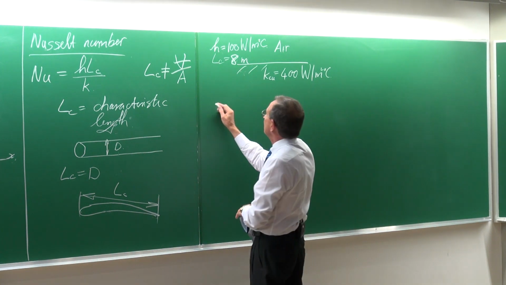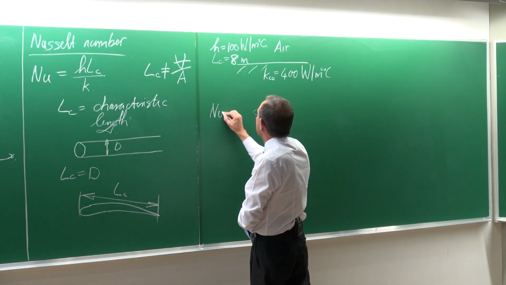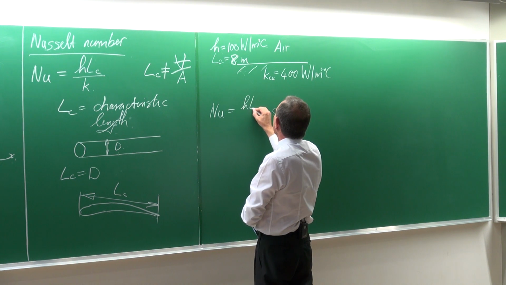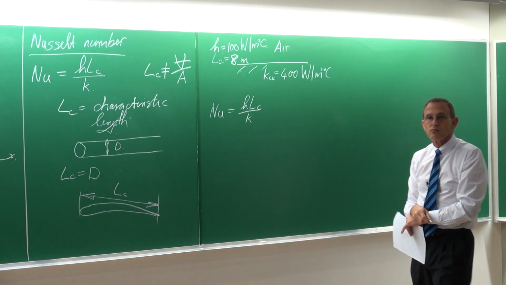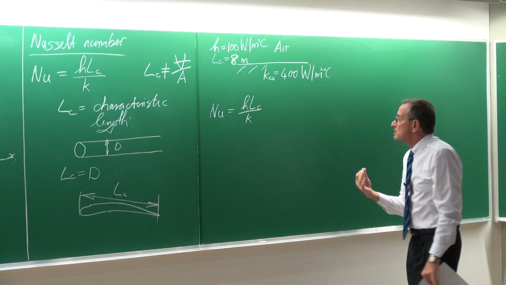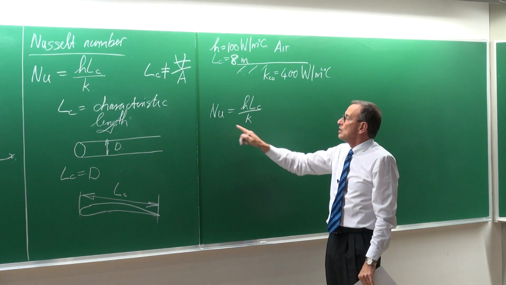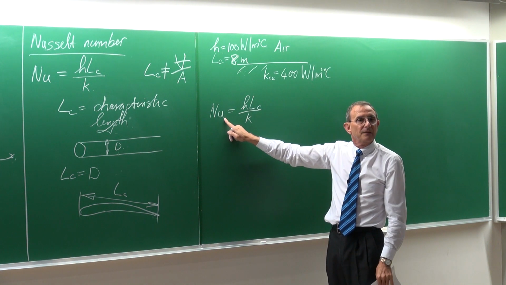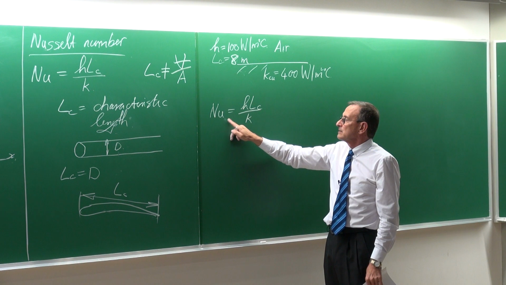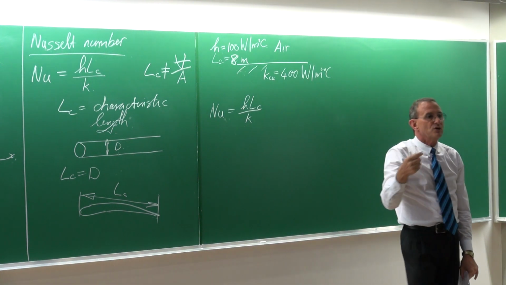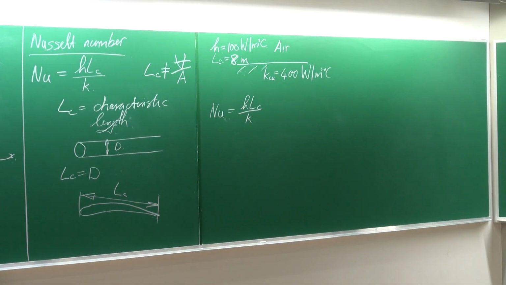Then we can calculate the Nusselt number as equal to h Lc divided by K. In some textbooks, people will also make it clearer, and they would put in a footnote here that says Nusselt Lc, so that you always know the Nusselt number is based on whatever dimension.